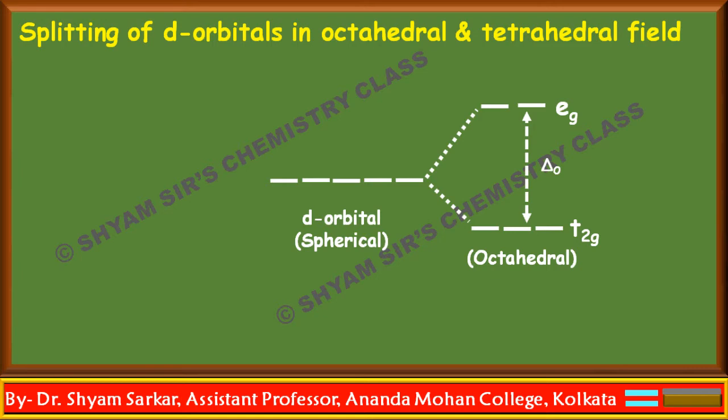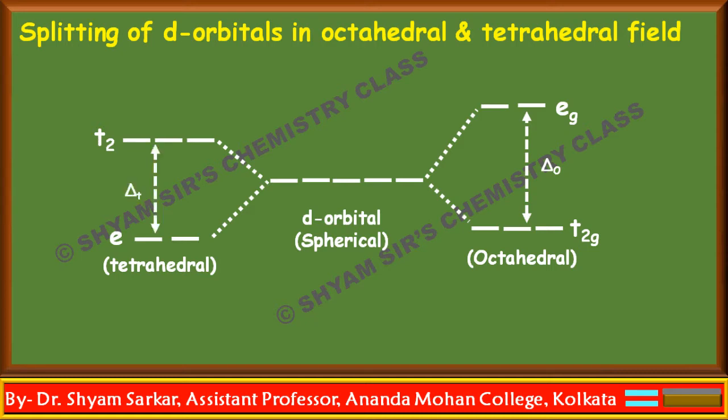One is e level and another is t2 level, and the energy separation between these two levels is denoted by delta T, T for tetrahedral. If you compare energy separation of both fields, delta O is always greater than delta T.